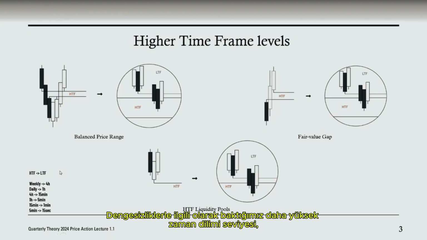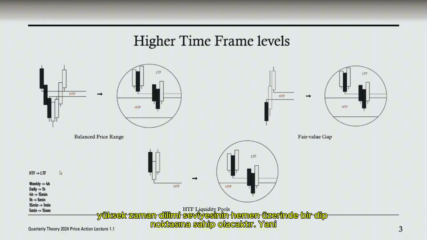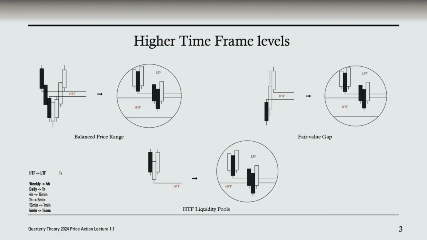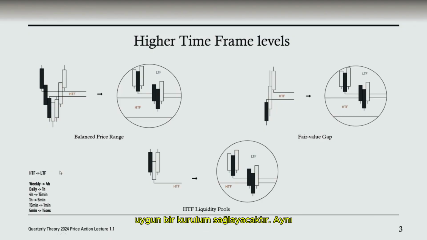So price must be above the 50% range of the imbalance for this to actually be fruitful to you. But the best setups will have the low right above the imbalance or right above the higher time frame level. So you need like a 15-minute low above a 4-hour balanced price range, right? And that will give you a proper setup. The same thing goes for the fair value gap.